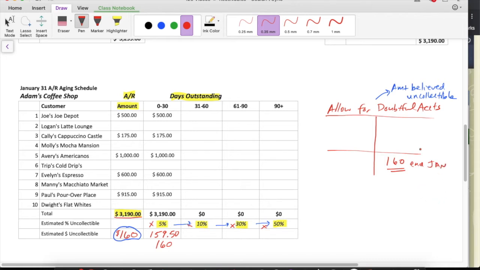In order to get to that, I need to know, what is my unadjusted amount in this account? And right now it's 0 because I haven't done anything, right? So in order to get to 160 as the balance, with the beginning or unadjusted balance here of 0, I need to record an entry for $160.